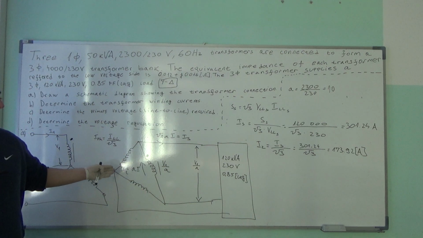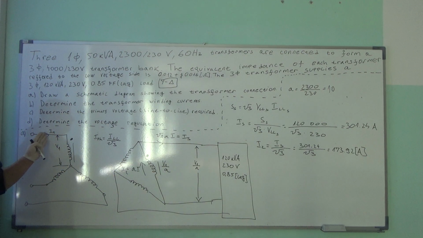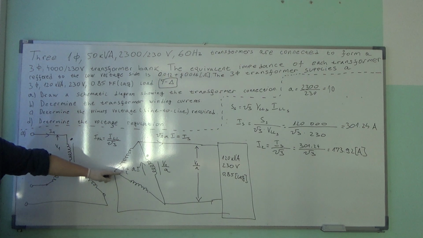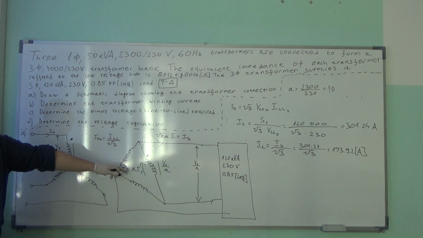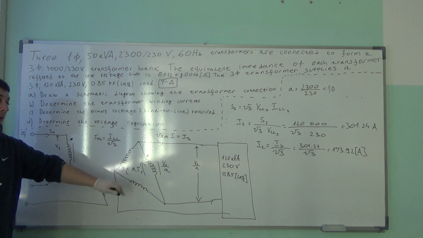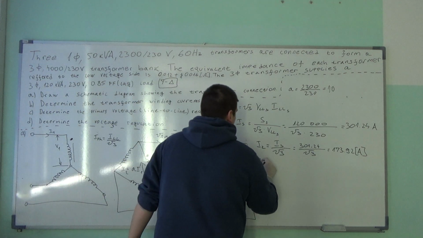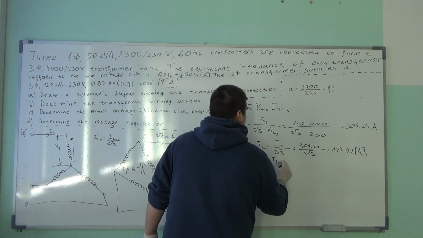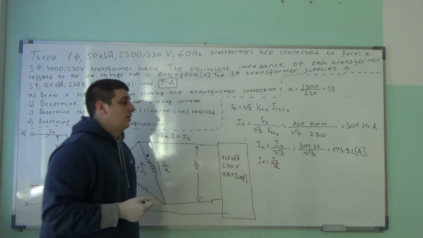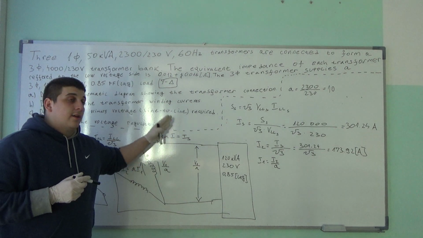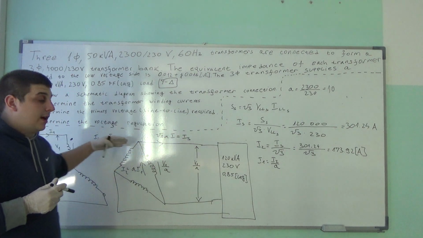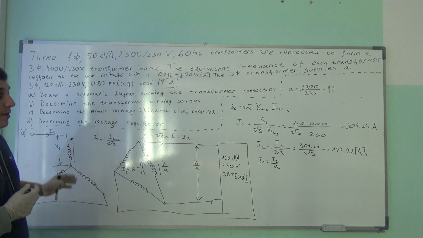And what is the current on the primary side? Well, the phase current and the line current are the same. And by this formula, I2 is equal to the turns ratio A times I1. So I1, the primary current, is equal to I2 divided by the turns ratio. Which is logical, because if you have higher current on the output, you have lower current in the input on the primary side.